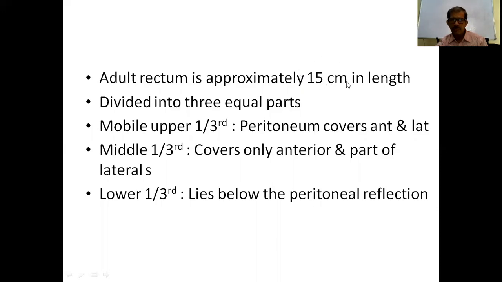Here also the rectum is 15 centimeters, and it is divided into three equal parts. The upper one third is covered by the peritoneum on the anterior and lateral aspects. The middle one third is covered only on part of the anterior and lateral aspects, whereas the lower one third is completely below the peritoneum.